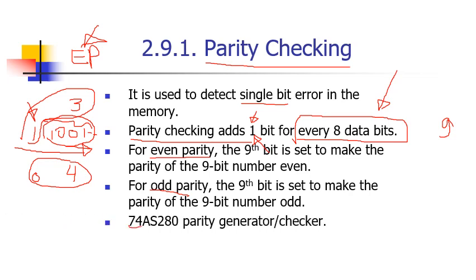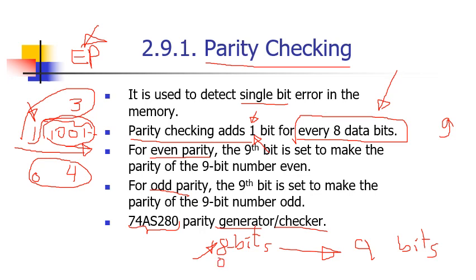And there is an integrated circuit which is used to generate and check the parity. If you feed to this integrated circuit 8 bits and you configure it for the even parity, it gives you 9 bits correctly. And if you feed to this integrated circuit 9 bits, it gives you 8 bits and tells you whether this byte is correct or not.